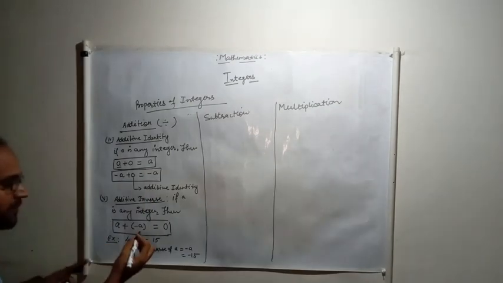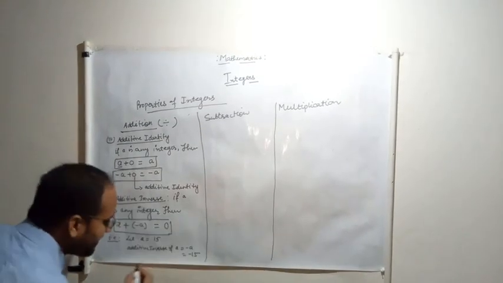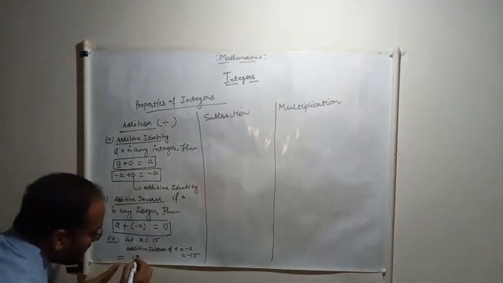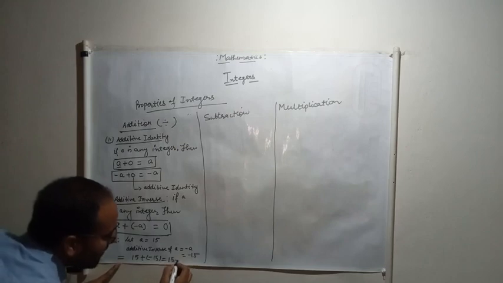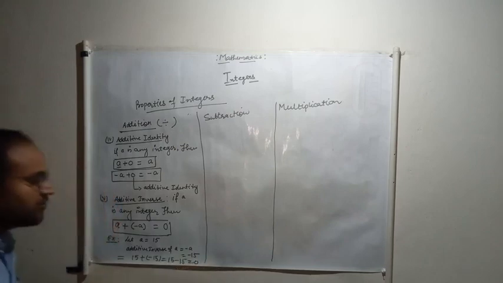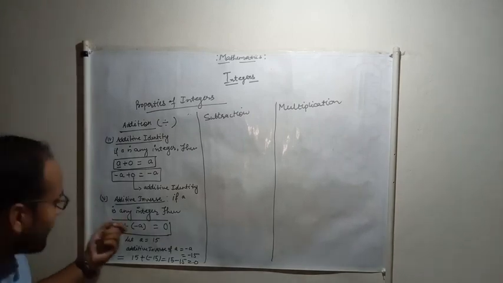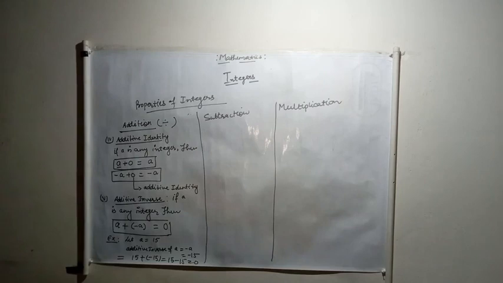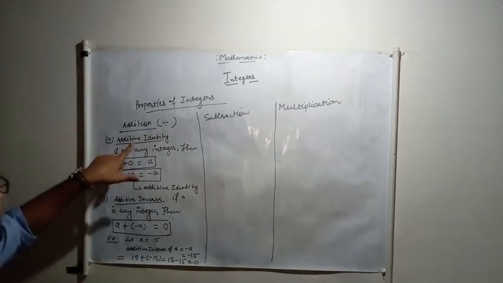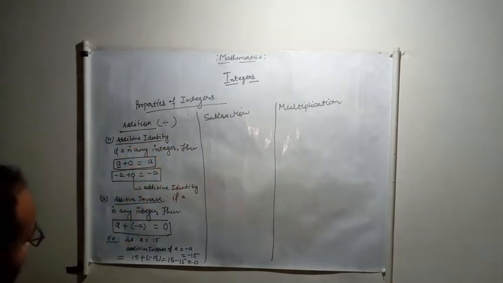So the addition of 15 and minus 15, what result will you get? You will get 0. So 15 plus in bracket minus 15 is equal to 15 minus 15, and the result is always 0. If you add an integer and its additive inverse, the result is 0. Okay students, these are the two remaining properties of addition: additive identity and additive inverse.